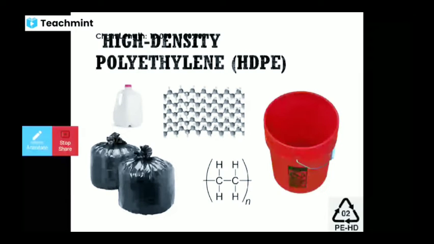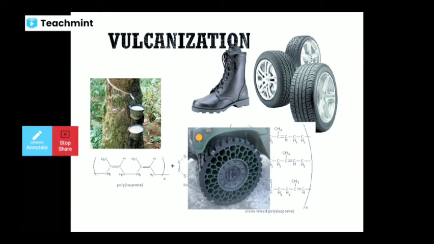Sap from the rubber tree is used as a glue for industrial purposes. Vulcanization is the best example: the shoes we wear, vehicle tires, rubbers, etc. Yes, vehicle tires are the best examples of vulcanization.